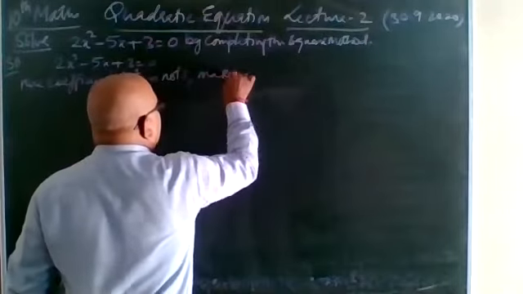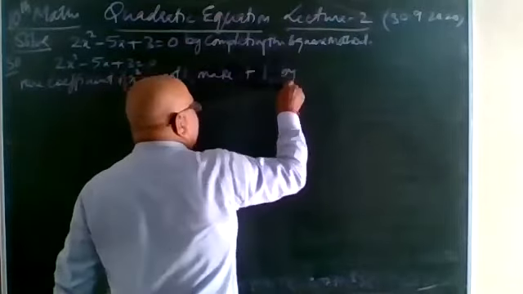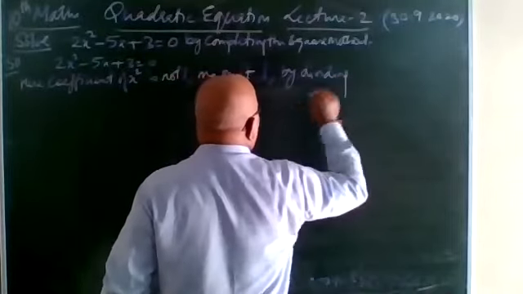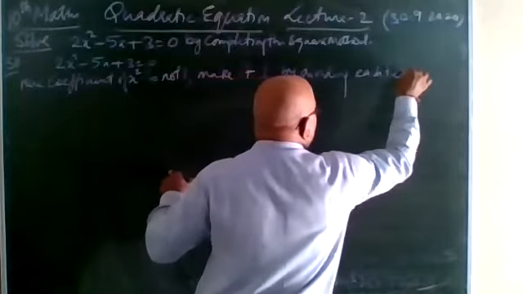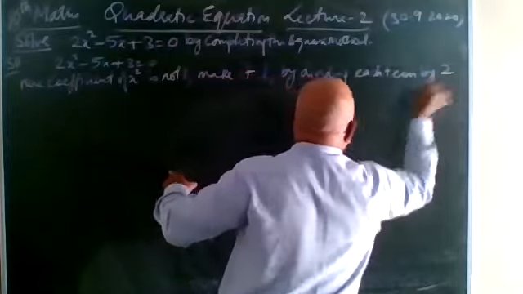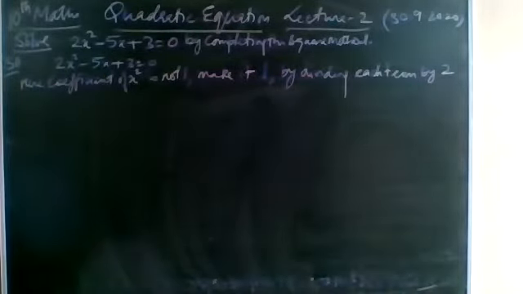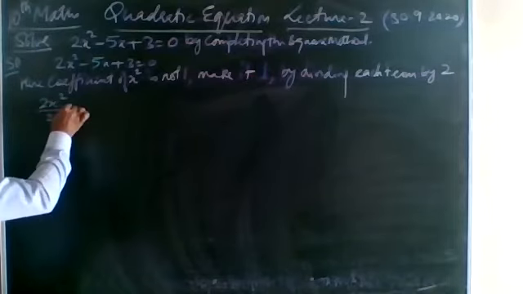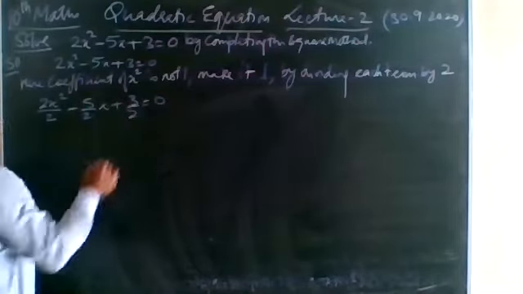Make it 1 by dividing each term by 2. So 2x square upon 2 minus 5 by 2 x plus 3 by 2 equal to 0.